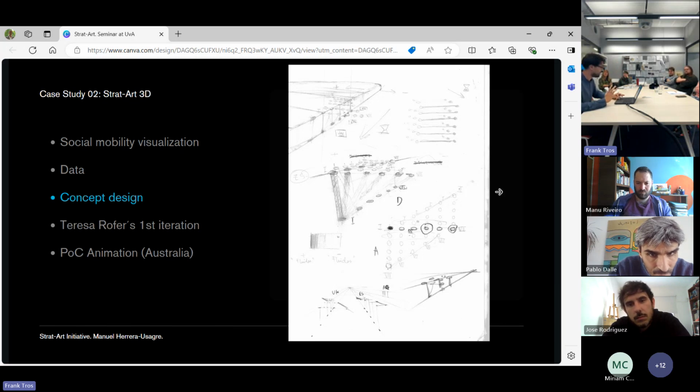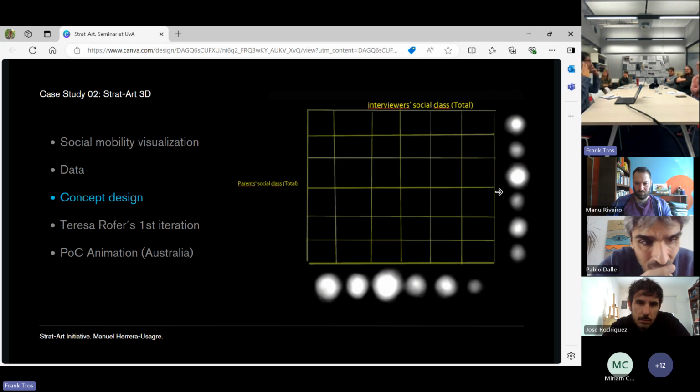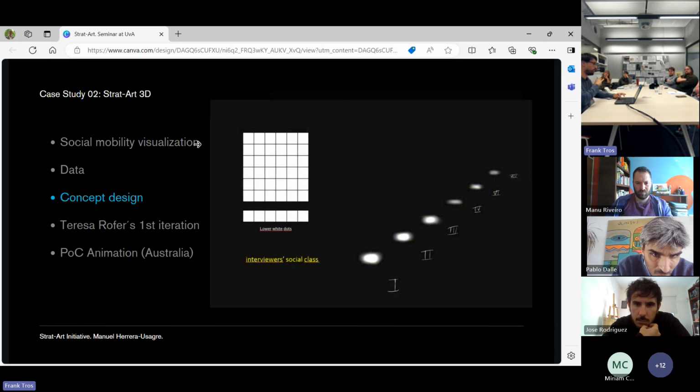So with this design, I started getting an idea of how we can represent this. We take the margins, which is basically the social structure of the interviewees and the parents, and we launch it into a vanishing point at the end of it.